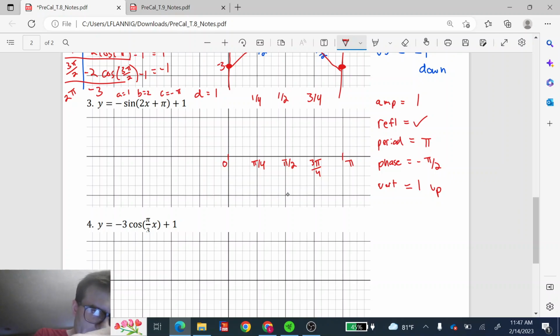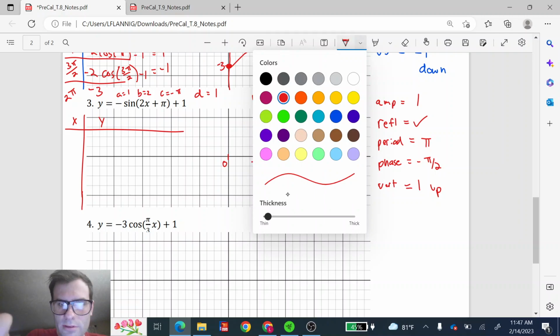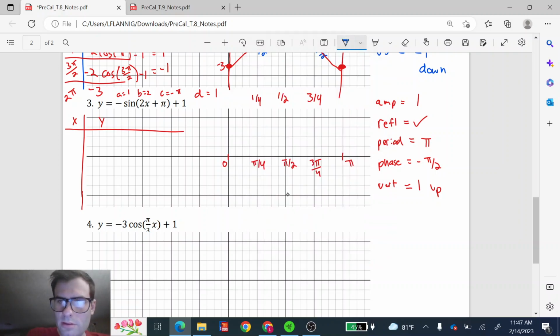All right, so we have x and y, making our table. So we start with 0, then pi over 4, pi over 2, 3 pi over 4, and just pi. Remember, I got these numbers just from these right here, and you start with 0, and you end with the last part of the period, which is pi in this case, and then you figure out these 3 numbers based on 1/4, 1/2, and 3/4 of the period.